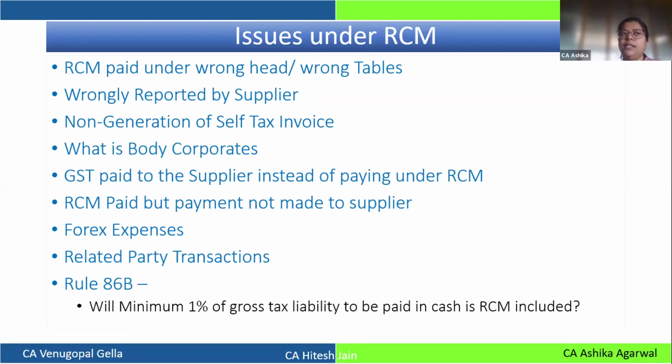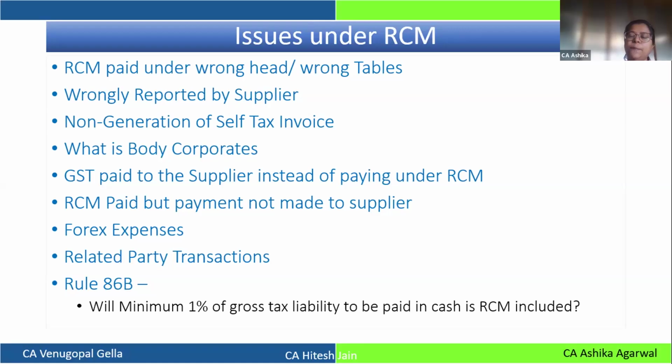It can also be a case that the transaction belongs to me, but the data furnished by the supplier is wrong. Now we know that the government has announced IMS, the Invoice Management System.